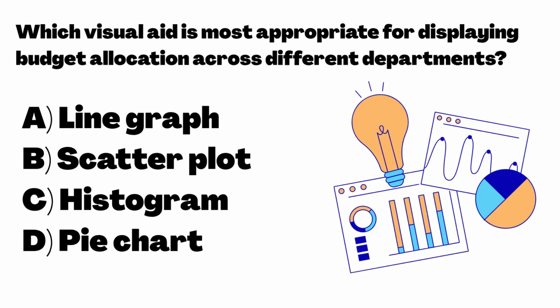Which visual aid is most appropriate for displaying budget allocation across different departments? A. Line graph. B. Scatter plot. C. Histogram. D. Pie chart. The correct response is D. Pie chart.